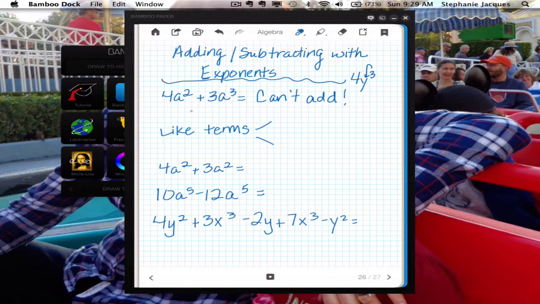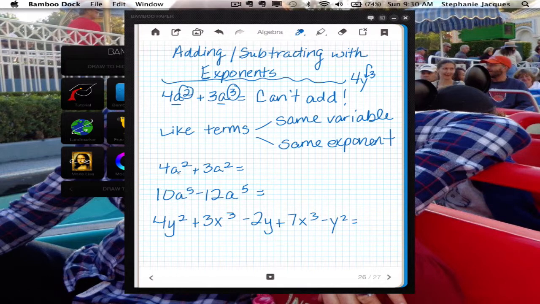So in order to have like terms, you need to have the same variable and the same exponent. So going back to this case up here, if you look, they are the same variable, but it's not the same exponent.